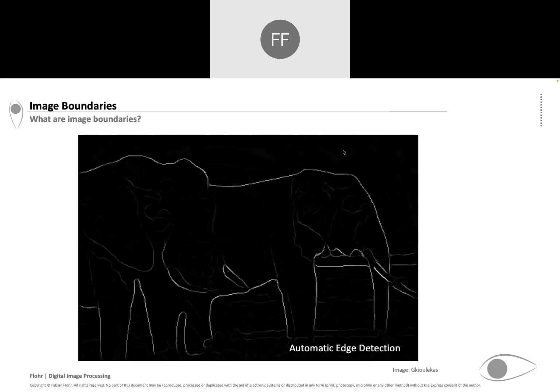If you ask a machine learning algorithm or a computer vision algorithm to do that, then it rather looks like that. And especially the boundary here where you have no contrast differences will be missing, right? And this is one of the main problems in edge detection. You would like to have those things, but you cannot have that solely based on contrast differences.